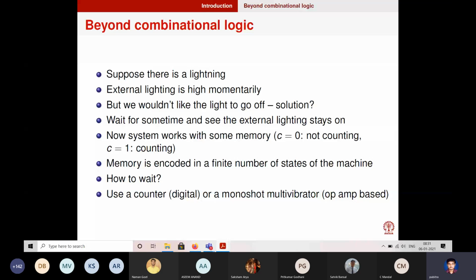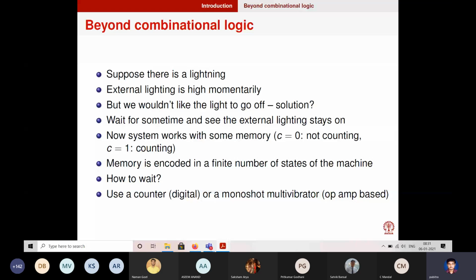We say that some circuitry has a state which changes at some time interval. Let's say every millisecond it changes. So millisecond is kind of what we call a clock. Every millisecond it changes, and up to some max.